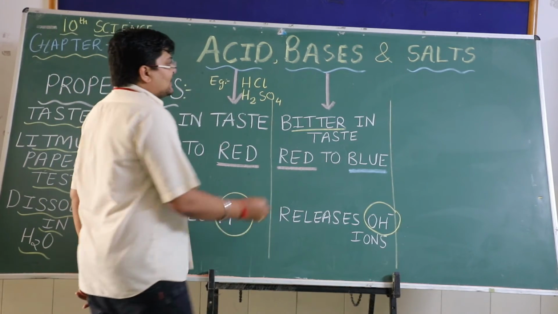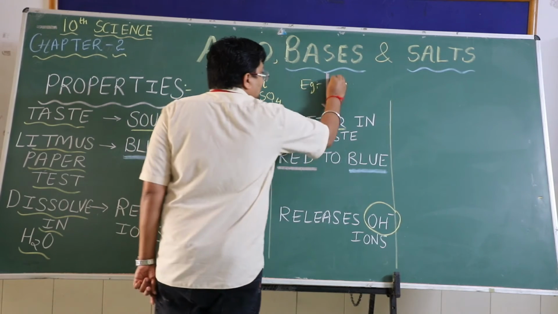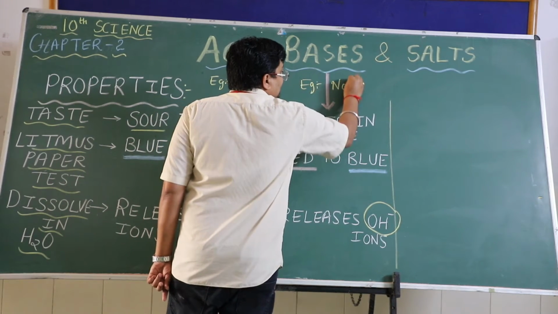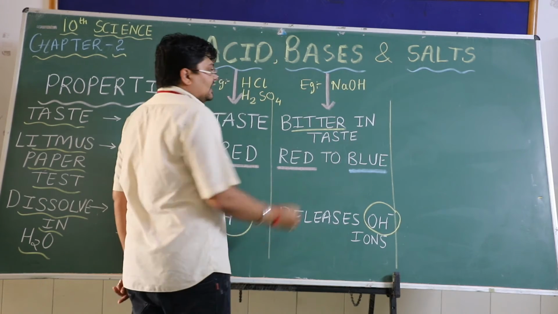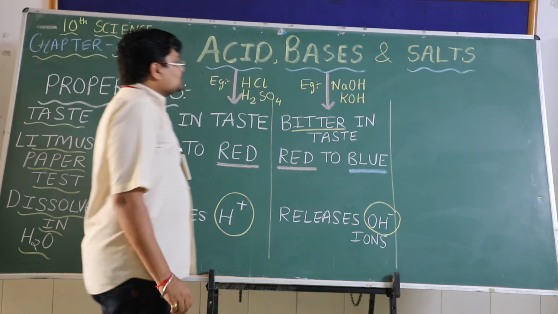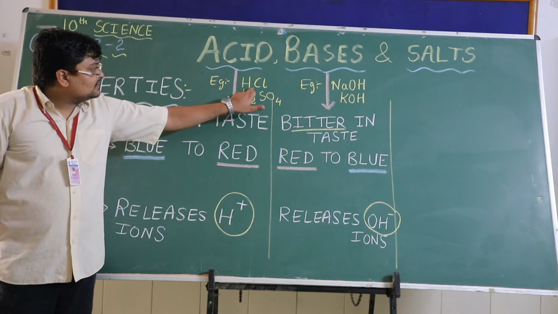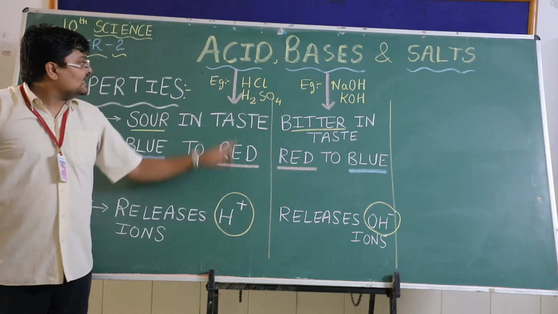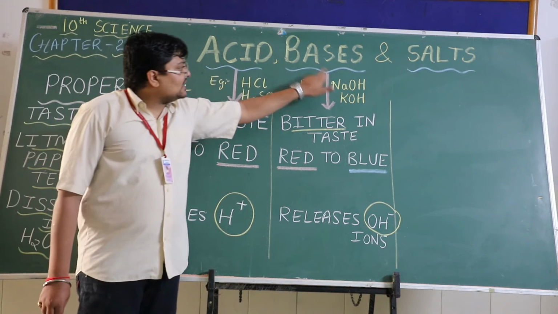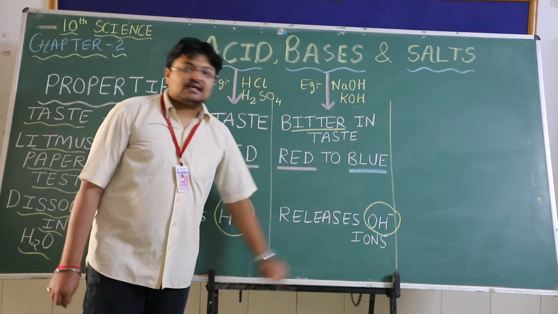Similarly, examples of base are NaOH, sodium hydroxide, and KOH, potassium hydroxide. So if you see over here, H plus ions are present in acid, while in bases there are OH minus ions. See, OH, hydroxide ions, OH minus ions.